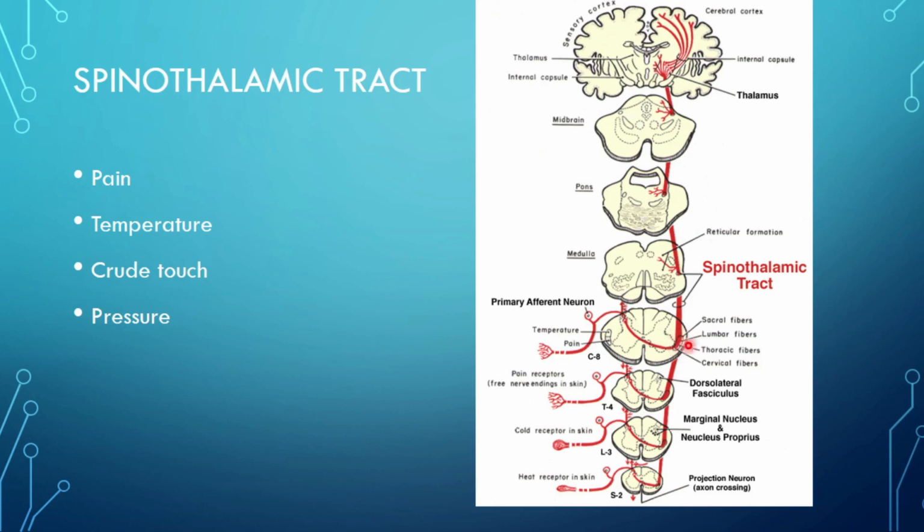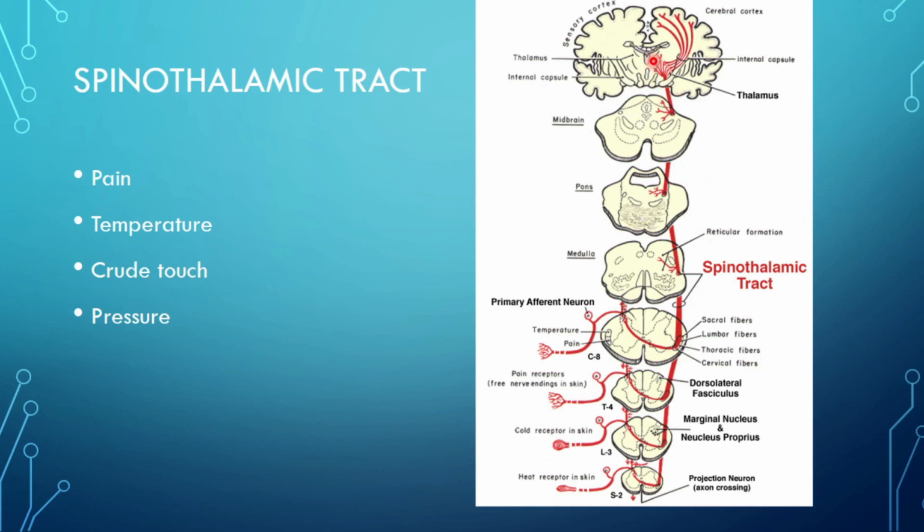It enters into the spinothalamic tract on the contralateral side of the spinal cord. It runs up via the spinothalamic tract all the way through the spinal cord and then into the brainstem, where the spinothalamic tract just becomes the spinal lemniscus. It runs up through the cerebral peduncle into the thalamus.